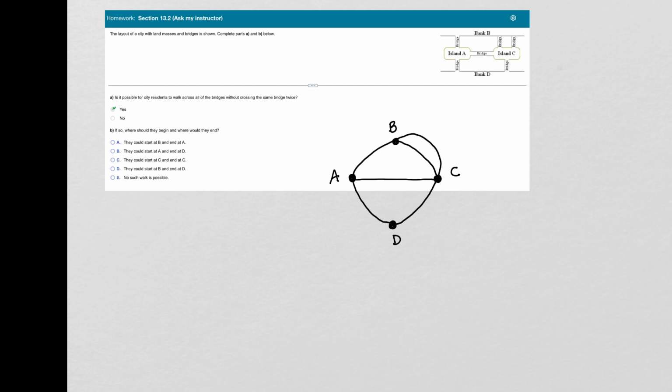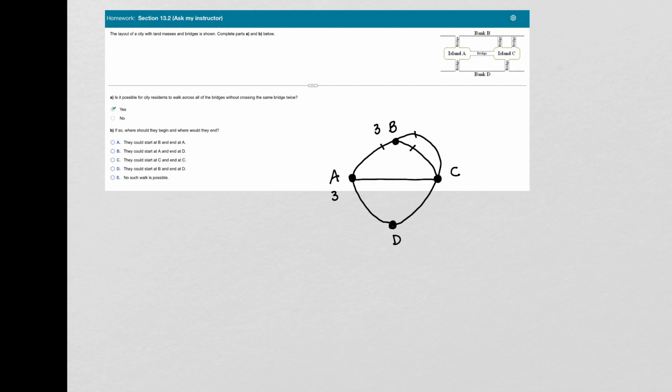So vertex A has degree 3 because there are 3 edges coming out of that vertex. Vertex B also has degree 3 because, again, 1, 2, 3.